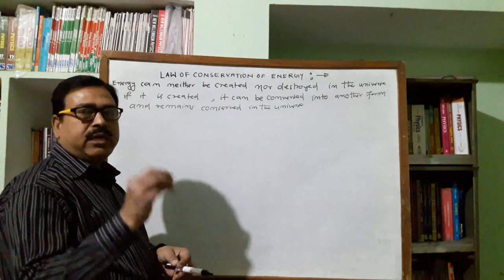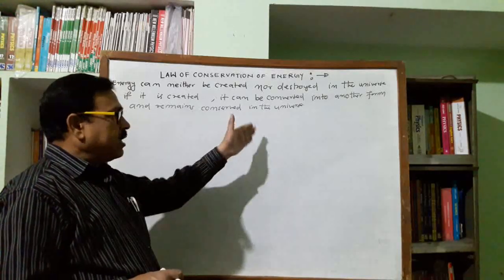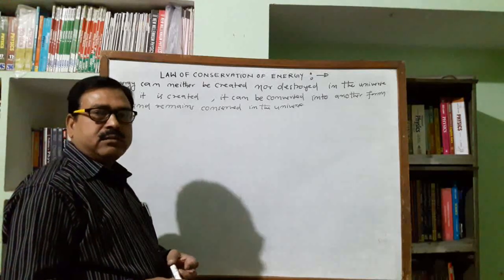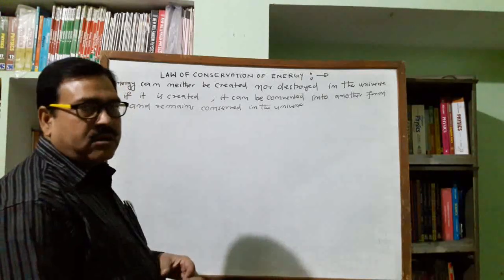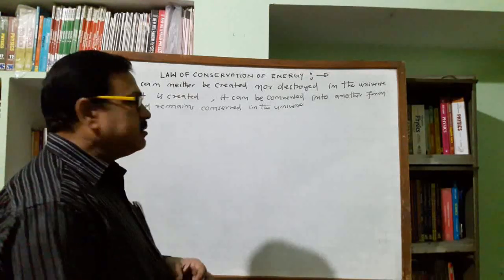Two, we choose any one point at a certain distance from the top of the height, in between the point of fall and the ground. And three, just above the earth, before falling on the ground. We add kinetic plus potential. Now let us see how to prove the law of conservation of energy in the case of a free falling object.